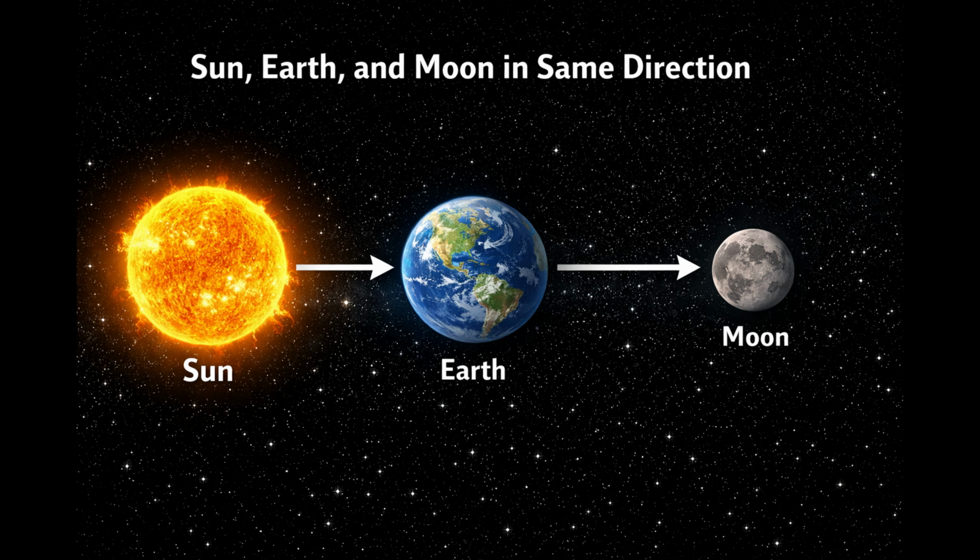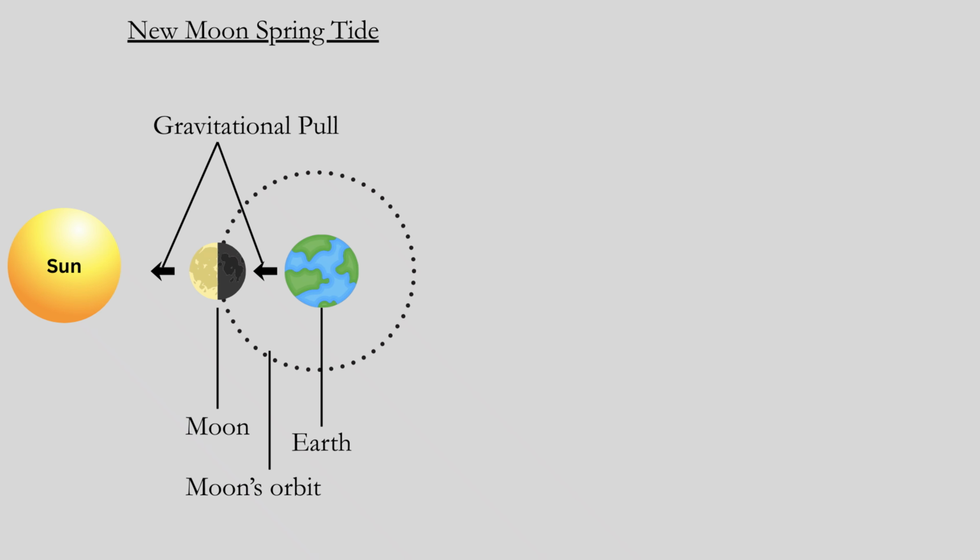Start with spring tide. Spring tides happen when the sun, moon, and earth are in a straight line. This happens during the new moon and the full moon. Look at this image.